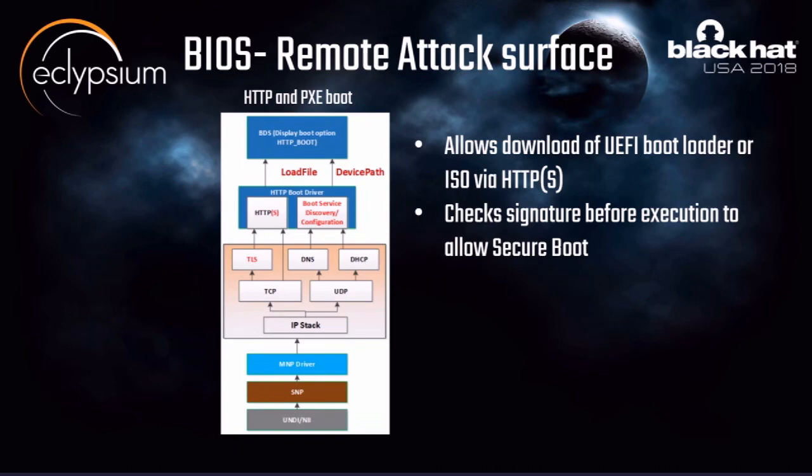This actually allows you to configure a URL and download a UEFI application that's run as a bootloader, or even a complete ISO image over HTTP or HTTPS. It basically has a RAM disk functionality where it will download the ISO, mount the RAM disk, and look for the UEFI bootloader in this ISO that it downloaded, which is kind of cool.